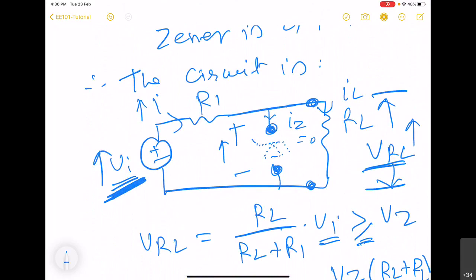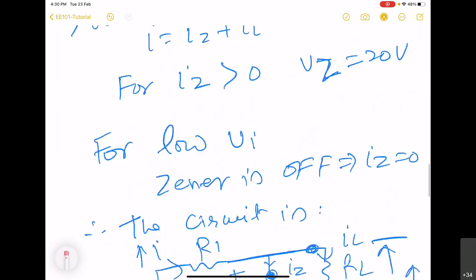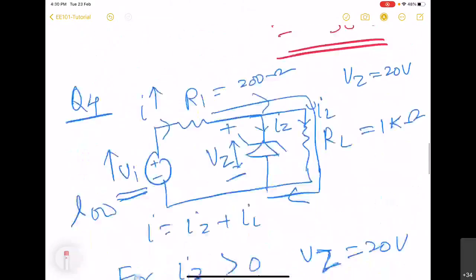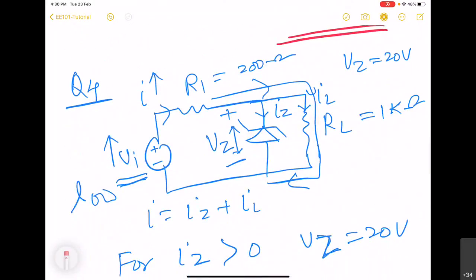Now there is an upper limit on this Vi. So this upper limit on Vi is decided by the fact that diode should not experience a voltage more than, so what is given to us is Iz max is equal to 60 milliampere.